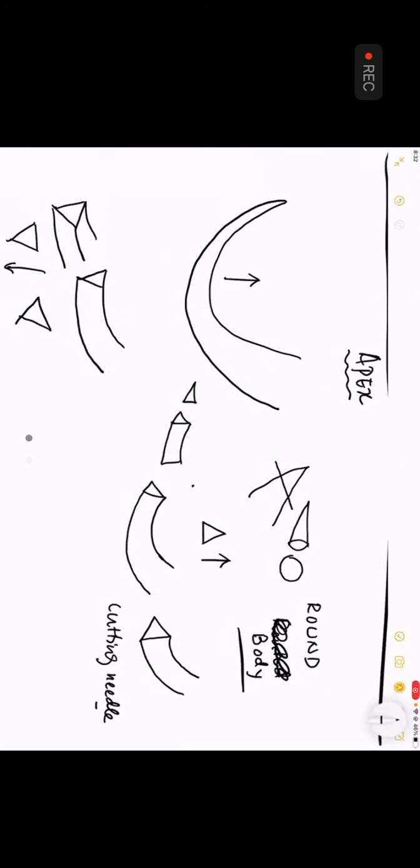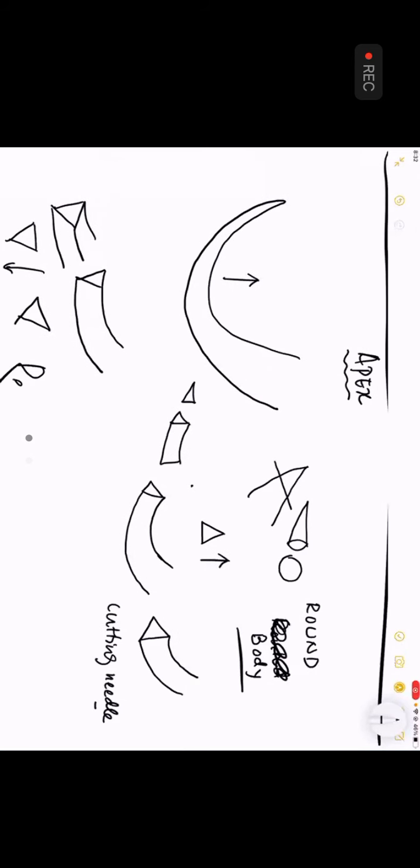Reverse. So this is called a reverse cutting needle. Now both of them are used for tough structures. Usually we use this for the skin. Usually we use this for tendons and fascia.